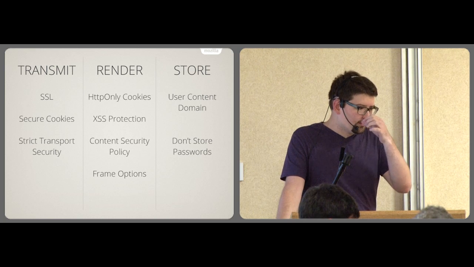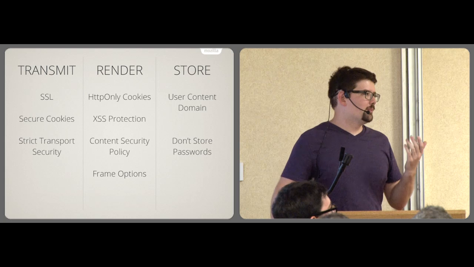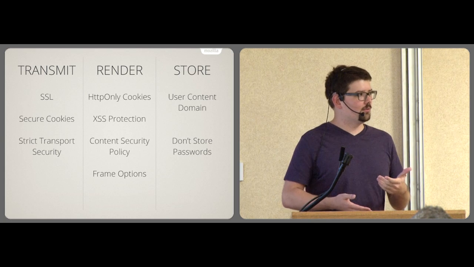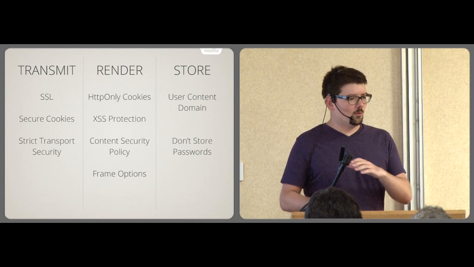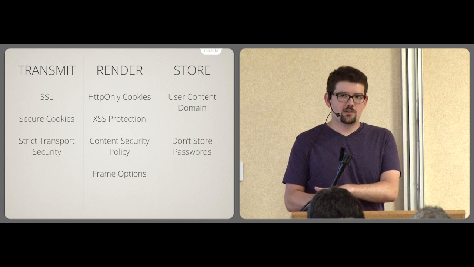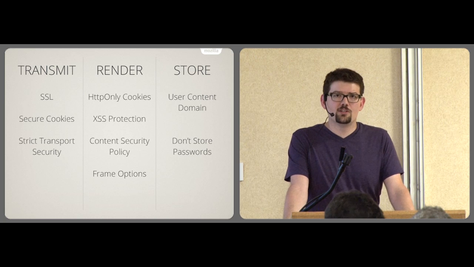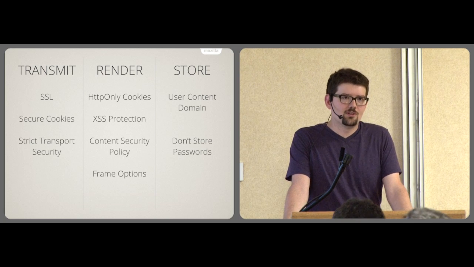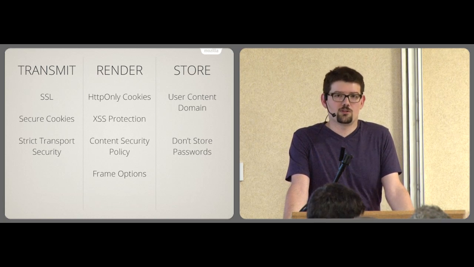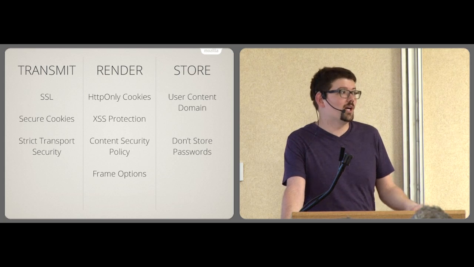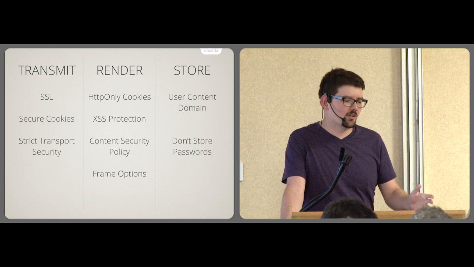So the browser vendors are in an interesting place because we have to balance the things that we can do to improve user security with things that the web as it exists today relies on. So things like HTTP-only cookies, we can't do that by default because there are some sites that still rely on being able to read and write cookies over JavaScript. And if we turn that on by default, it'd break the web for some subset of users.